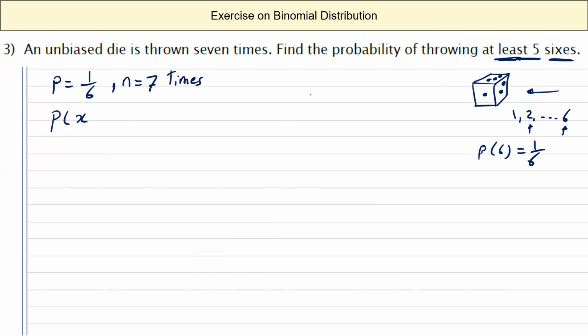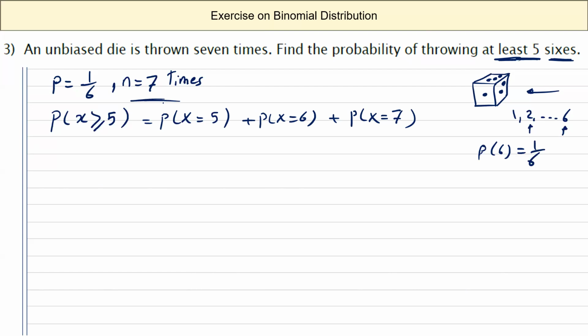This word at least means bigger than or equal to. X bigger than or equal to 5. So 5, 6, 7. Probability of X equal 5 plus probability of X equal 6 plus probability of X to be 7. This is the maximum because the total number of trials is 7.